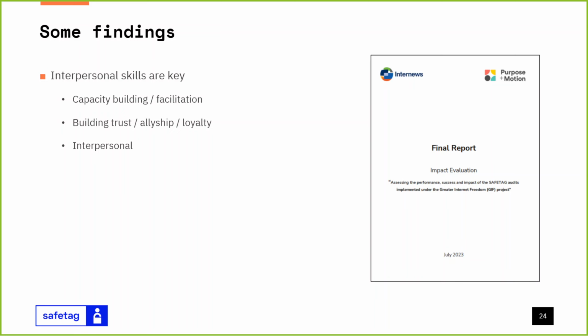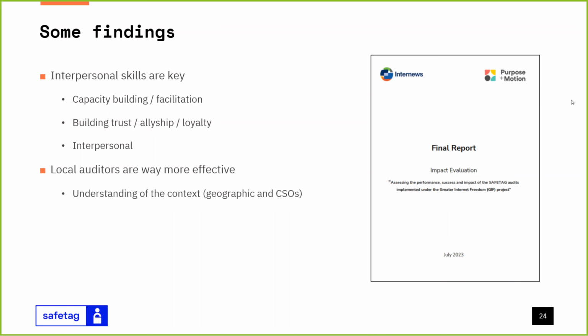So we hide things from them, for instance, that's an example. And in general, they didn't feel very comfortable, or the way the recommendations were sold wasn't that good. So being a good facilitator is a very good way of being a good auditor, apparently.